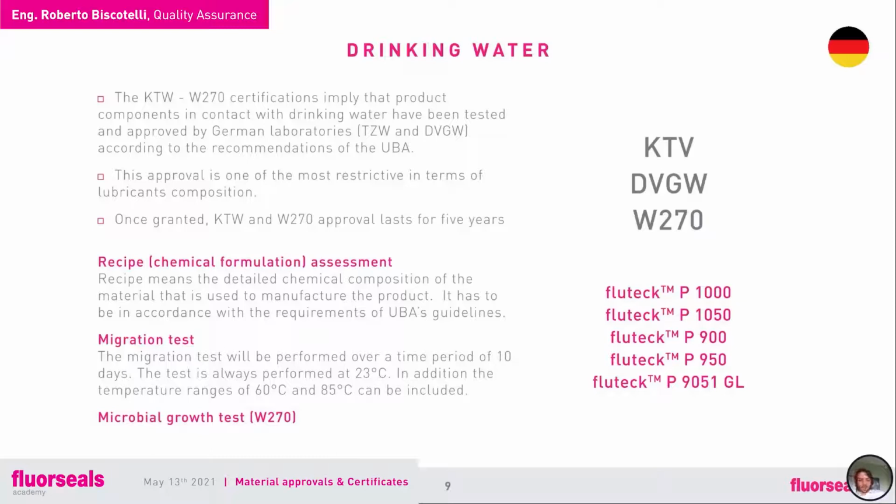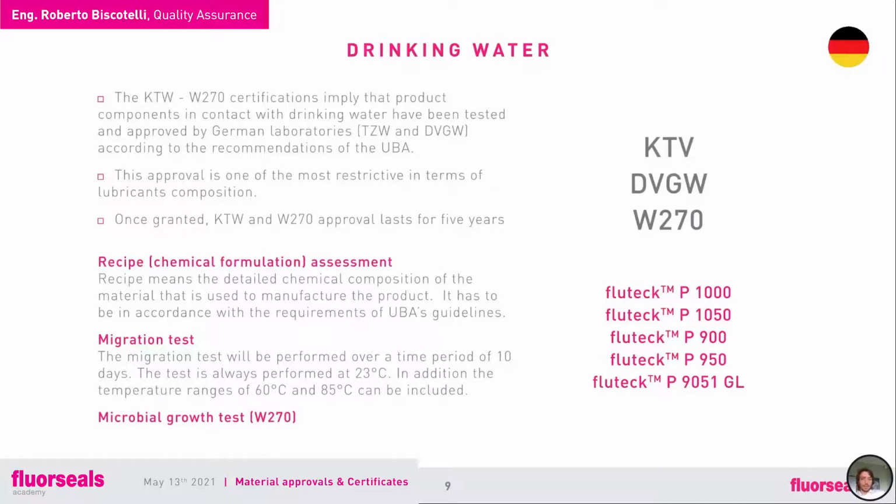Once that is set, they start with the migration test. This is done over a period of 10 days. The basic temperature is room temperature. Then you can add 60 and 85 degrees, so basically lukewarm and hot water. And every extra test that comes from the recipe assessment needs to be done.